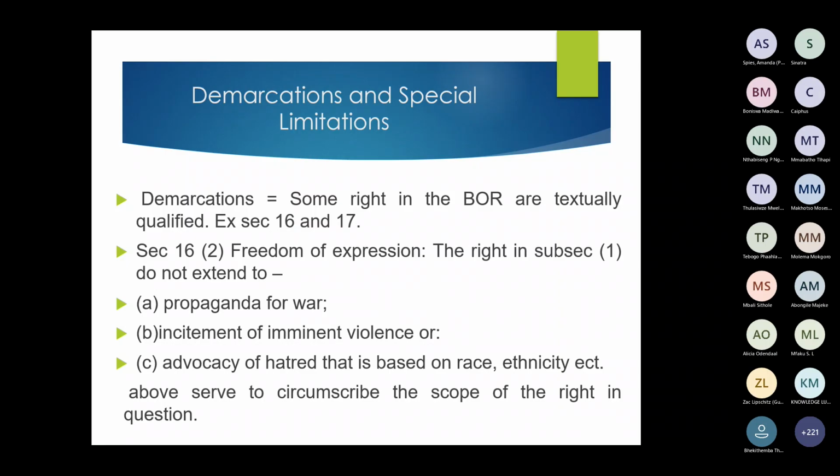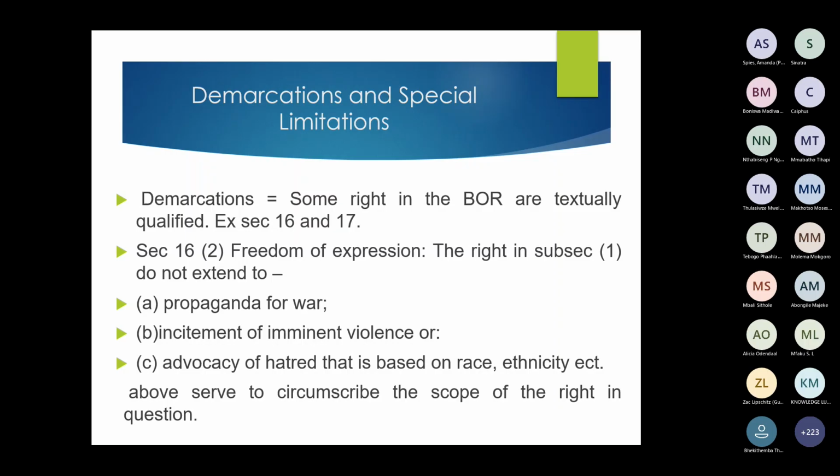If we think about Section 16, for example, and 17, and there are others as well, Section 16 deals with freedom of expression, and Section 16(2) states that the right in subsection 1 does not extend to propaganda for war, incitement of imminent violence, or advocacy of hatred that is based on race, ethnicity, etc. So already the right provides its own limitations.